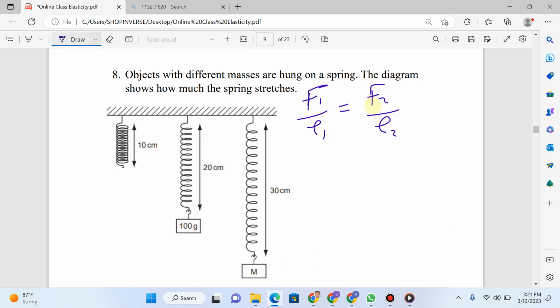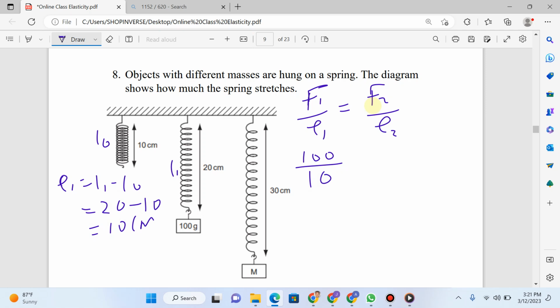Now let's go. So our F1 is 100 grams over E1. What's E1? E1 equals L1 minus L0. Don't forget that this is your L1, which is 20 cm, while your L0 is this, which is 10 centimeter. So your E1 is 20 minus 10, which is equal to 10 cm. So we put 10 cm here as a denominator. What's your F2? F2 is unknown.